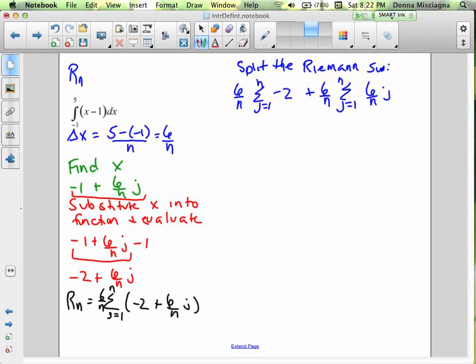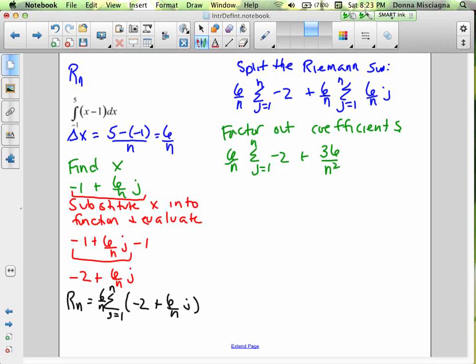Right, and then we will factor out the coefficients. Nothing to factor in the first one: 6 over n sigma j equals 1 to n, negative 2, plus 36 over n squared sigma j equals 1 to n, j. We'll use the power sum for sigma.